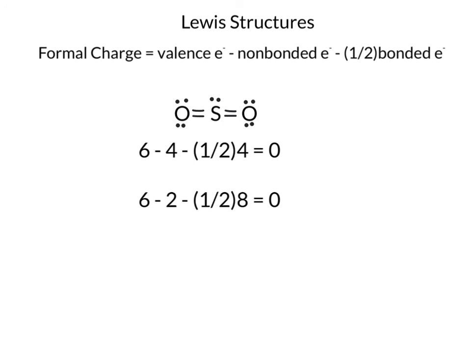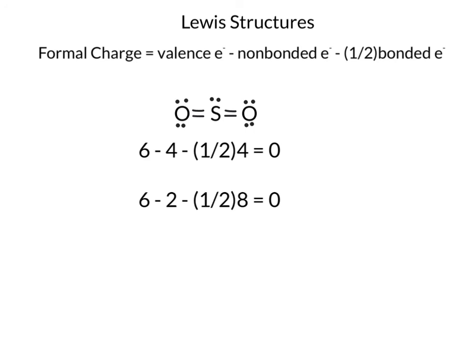One important thing to note is that in order to break the octet rule, you need a significantly large valence shell. And this can only be accomplished when you're talking about a valence shell that's either the 3rd energy level or higher. This means that elements that are on the 2nd row of the periodic table, so boron, carbon, nitrogen, oxygen, fluorine, cannot break the octet rule.